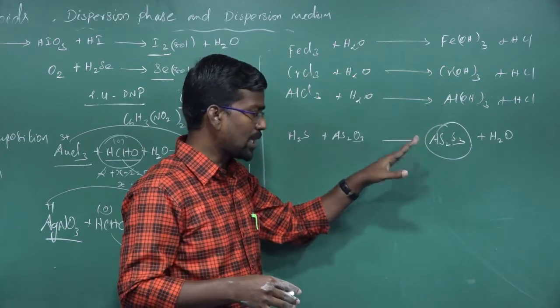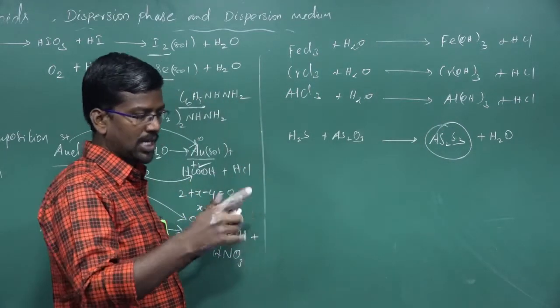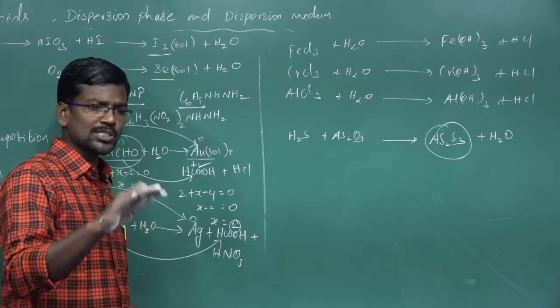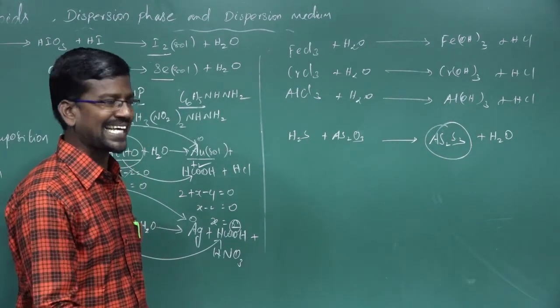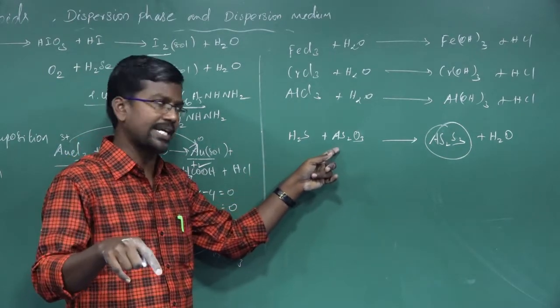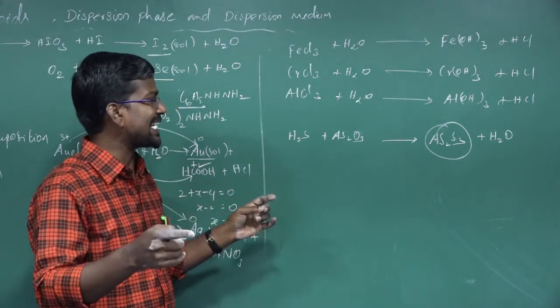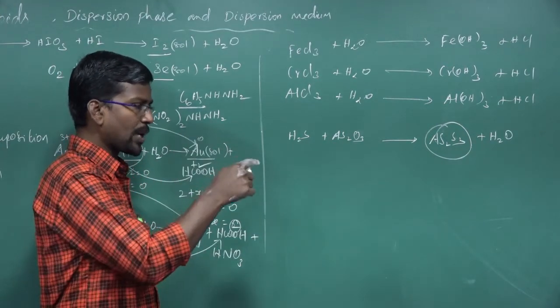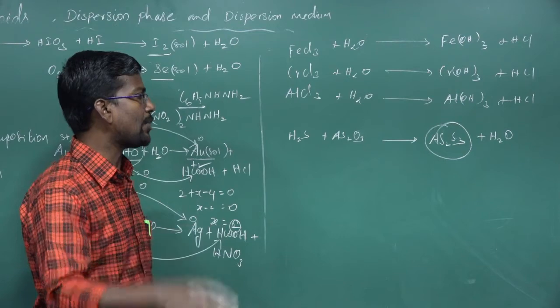It is a double decomposition method. What is the meaning of double decomposition? Double means two. Decomposition means those substances are dissociated, disintegrated or decomposed. Hydrogen sulfide as well as arsenic oxide, both substances are decomposed to form the products. That's why this process is an example of double decomposition.